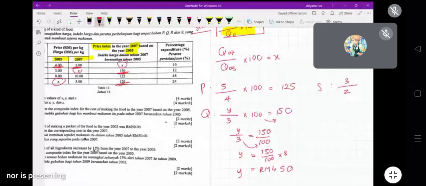So y is 2007, we don't know. For 2005 is 3 ringgit, multiply by 100, and then you get 150. Sama dengan 150 lah. Then you do your normal algebra again and you get 450.